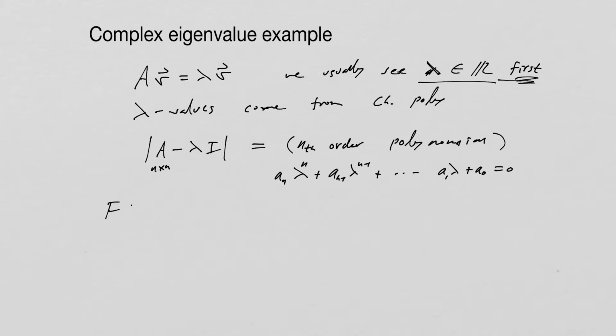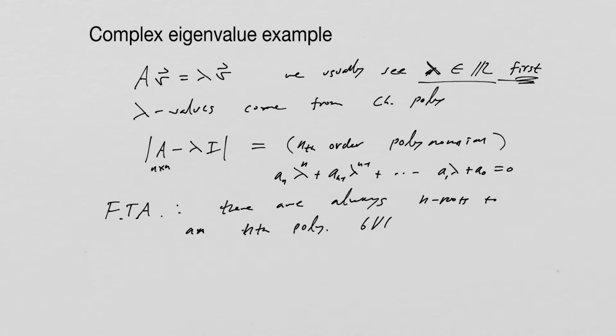We know the fundamental theorem of algebra, FTA, says that basically there are always n roots to an nth order polynomial. Okay? And the key thing here is that some roots, lambda, could be complex, a plus i b, like that.